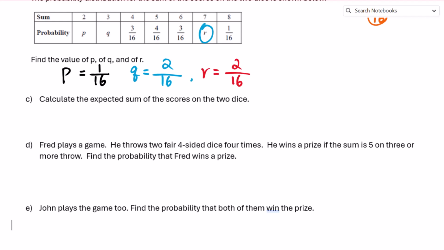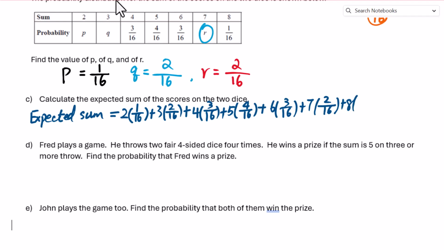Let's go to C. Calculate the expected sum of the scores on the 2 dice. The expected sum equals each value of the sum times its probability, then add them up, which means 2 times 1 over 16 plus 3 times 2 over 16 plus 8 times 1 over 16 and so on, equals 5.